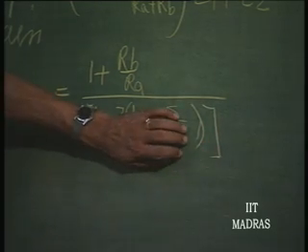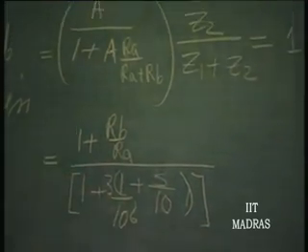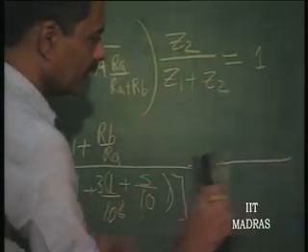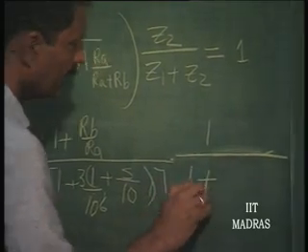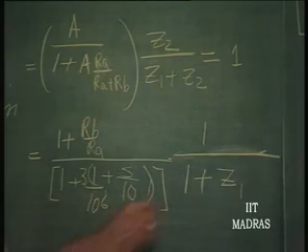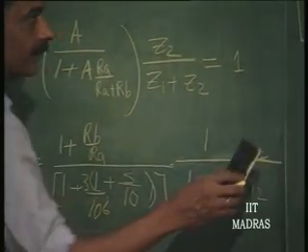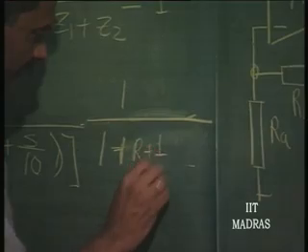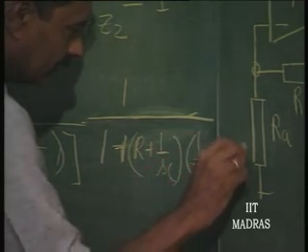Earlier this was 0, because A was infinity, only it was 1 plus R_B by R_A. Now, this additional factor comes into picture, and as is usual with the other factor, it is 1 by 1 plus Z1 Y2, which can be rewritten as Z1 is R plus 1 over SC, this is 1 over R plus SC.